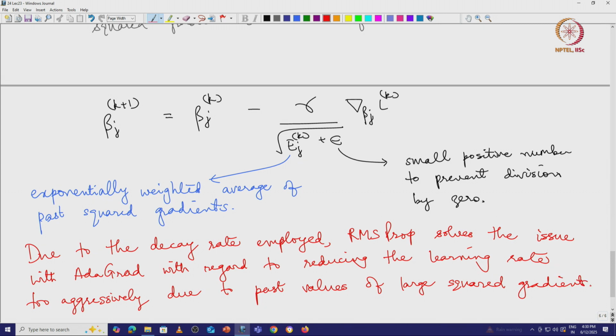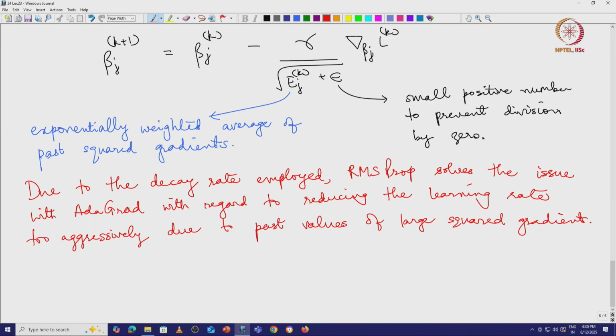So, essentially in Adagrad the problem was that the learning rate could be reduced by a lot if the gradient values in the past were very high. However, RMSprop says that you should also have a forgetting factor, an exponentially weighted average, so that only the immediately near squared gradients contribute to the manipulation of the learning rate of the model. So, I hope it makes sense to you as to how RMSprop is different from Adagrad.